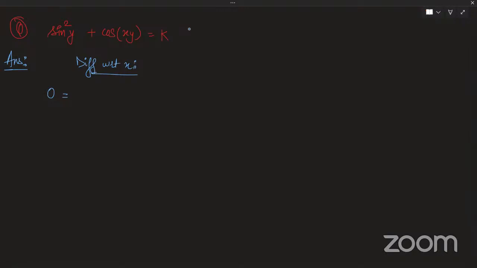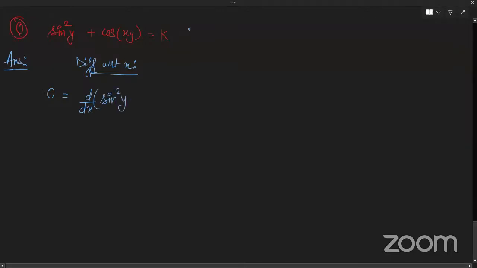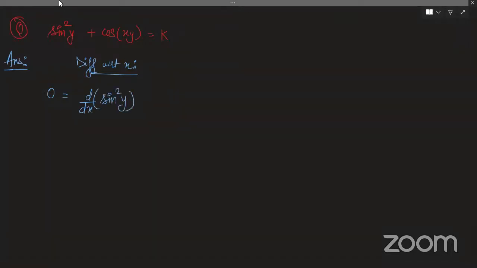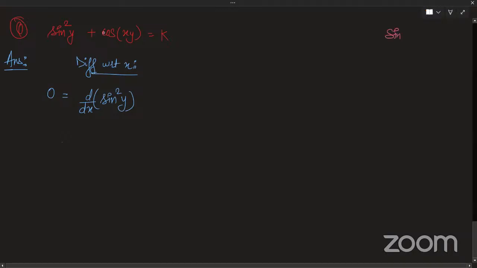So let us try the first term. You have d by dx of sine square y. Obviously we'll be going for the chain rule. In order to approach the chain rule, can you tell me which function has been inserted inside which function? You have sine square y. Sin y is inserted in the square.